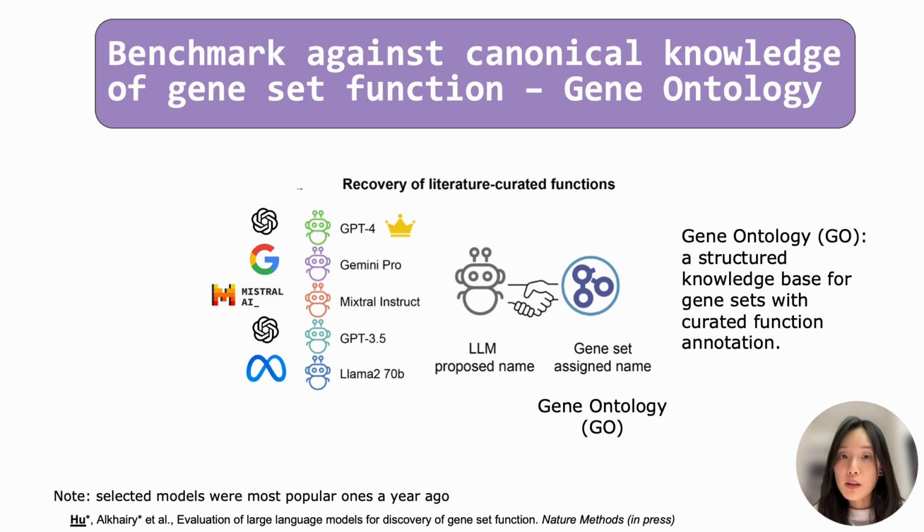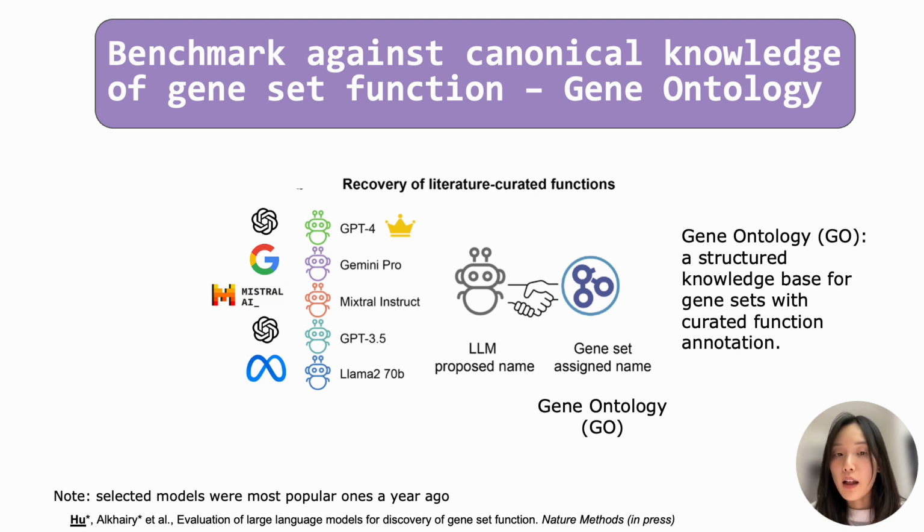In order to do this, our first approach is to evaluate how much LLMs can recover known knowledge. So we benchmark their naming output against canonical knowledge of gene set function using Gene Ontology. Gene Ontology is a structured knowledge base for gene sets with curated function annotations.